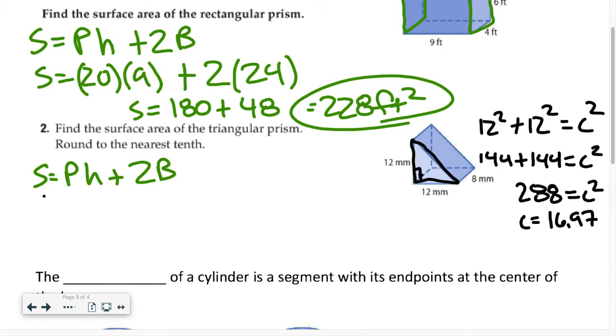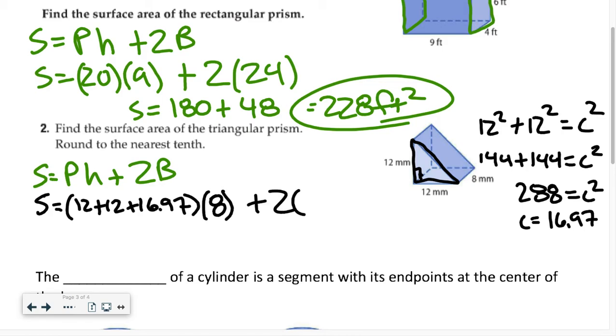So surface area, perimeter of the base, 12 plus 12 plus 16.97. That's the perimeter of that triangle. Times the height of the prism, plus 2 times B. B is the area of the base.